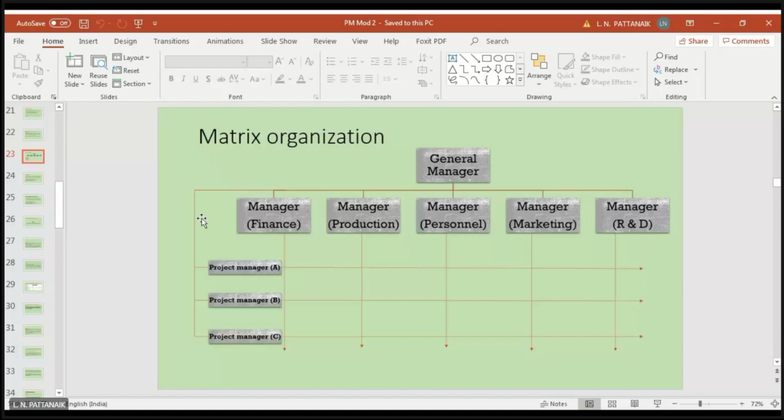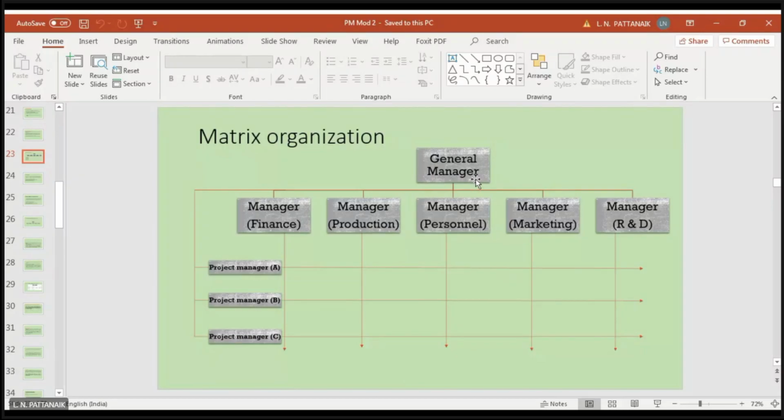They are not reporting to the functional heads. The project managers report directly to the GM as per this figure. So the mental stress or decision-making stress that this general manager will face will be enormous, isn't it?